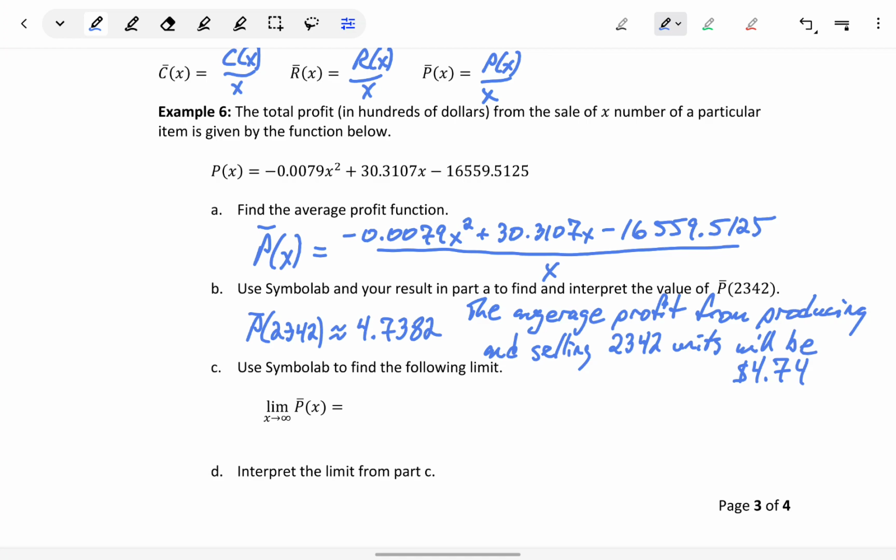So at this particular production level, on average, the profit per individual item, per individual unit, is $4.74.